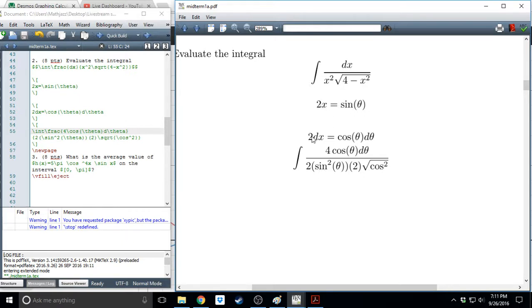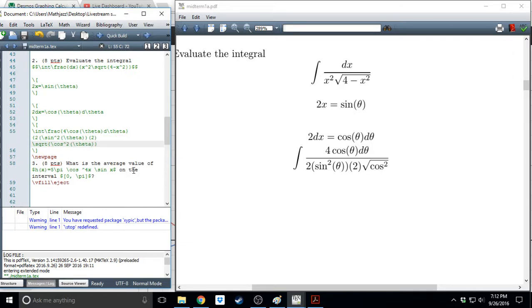We have dx is equal to cosine theta d theta over 2. The 4 is factored out of the square root as a 2. Once we factor out the 4, we have 1 minus sine squared theta, which is cosine squared theta. Let's put our theta in here. And that looks great. Looks like this 4 cancels with both of those 2's, so let's write that in there.